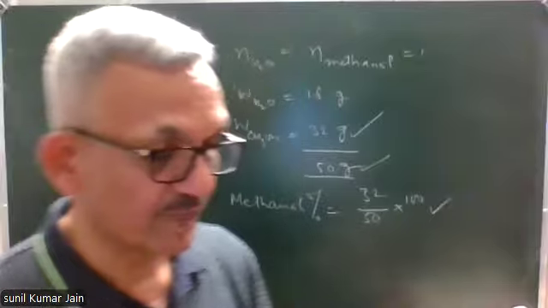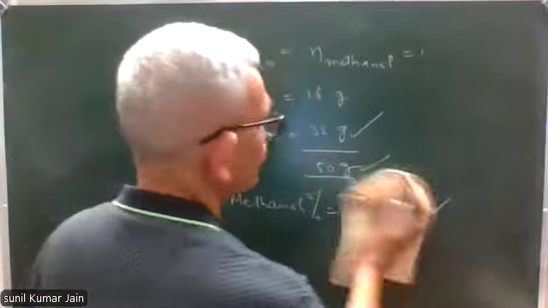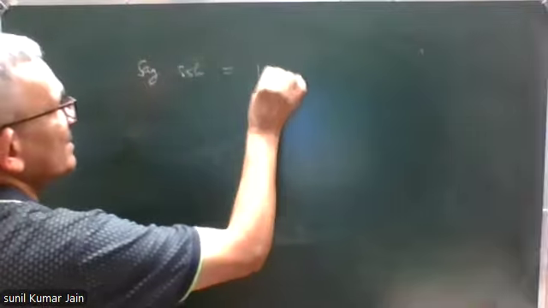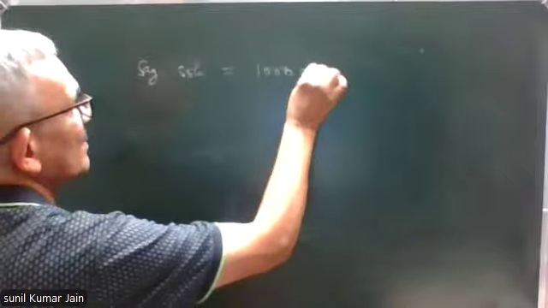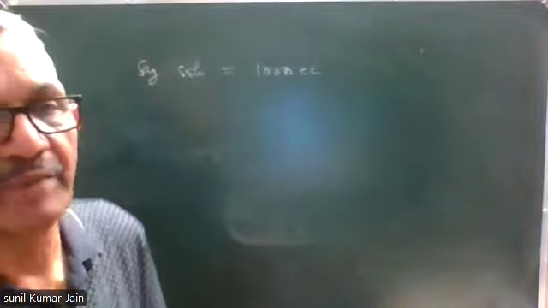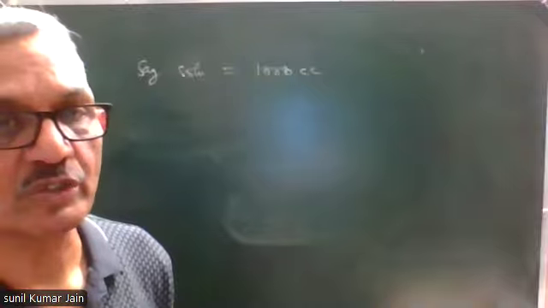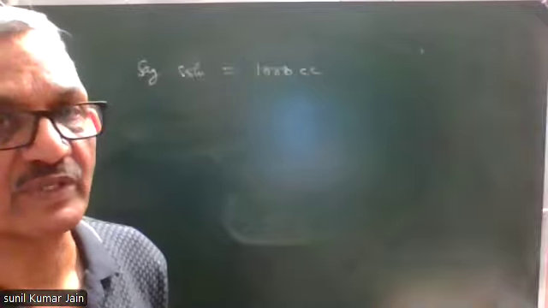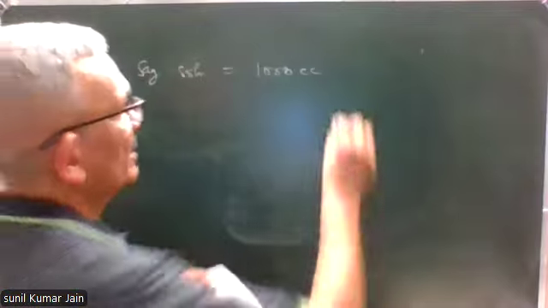Second, calculate mass percent of sulfuric acid in its 10 molar aqueous solution. Density of the solution is 1.6 gram per cc. Say solution is 1 liter. By definition, 10 molar solution means there are 10 moles of sulfuric acid in 1 liter of the solution.